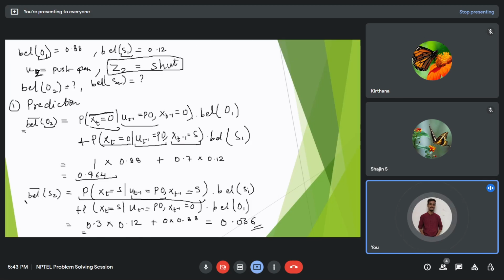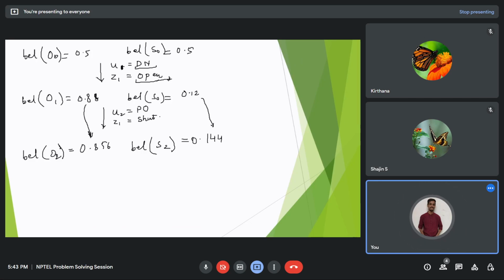So even if your sensor has reported that yes, it is shut, still the probability that the door is open right now is high. But due to the fact that your sensor had reported that it is shut, it has decreased from what it was previously.